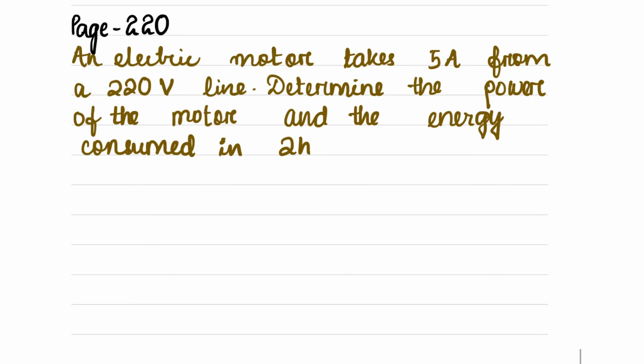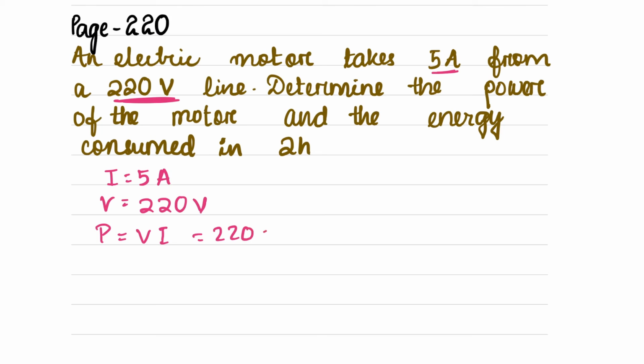Now let us try to solve the numerical given on page number 220. An electric motor takes 5 ampere from a 220 volt line. So I is equal to 5 ampere, V is equal to 220 volt. Determine the power of the motor and energy consumed in 2 hours. Now power is equal to VI, which is equal to 220 into 5 watt.